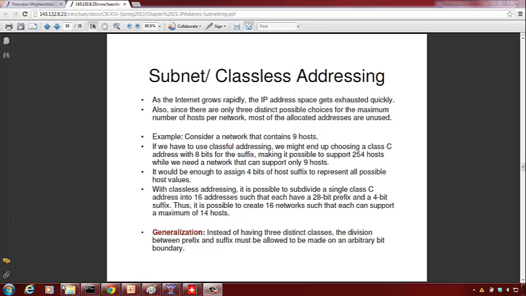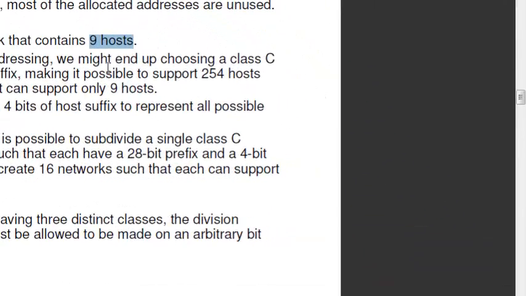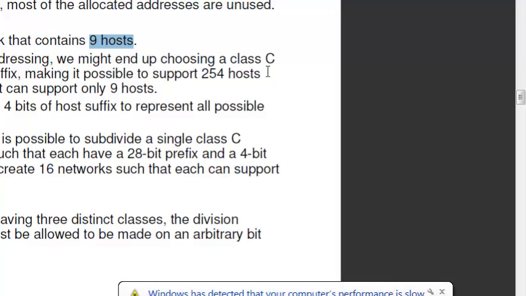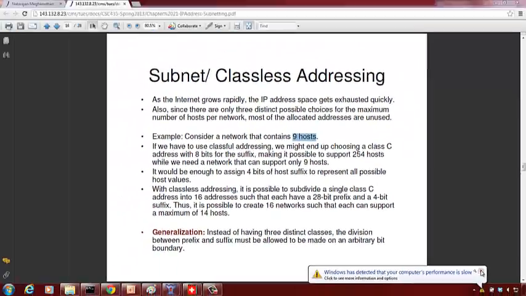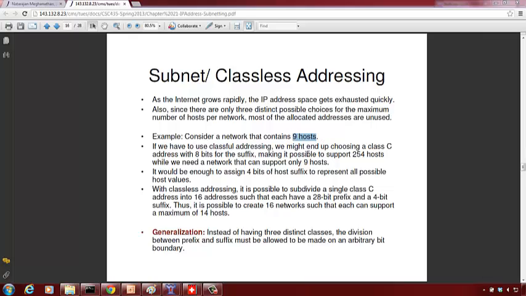Now, as a motivation, consider a scenario where you want to support a network with 9 hosts. If you go with strict class-based addressing, or classful addressing, you would end up choosing a class C network, right? Class C is the smallest network you can choose to support 9 hosts.